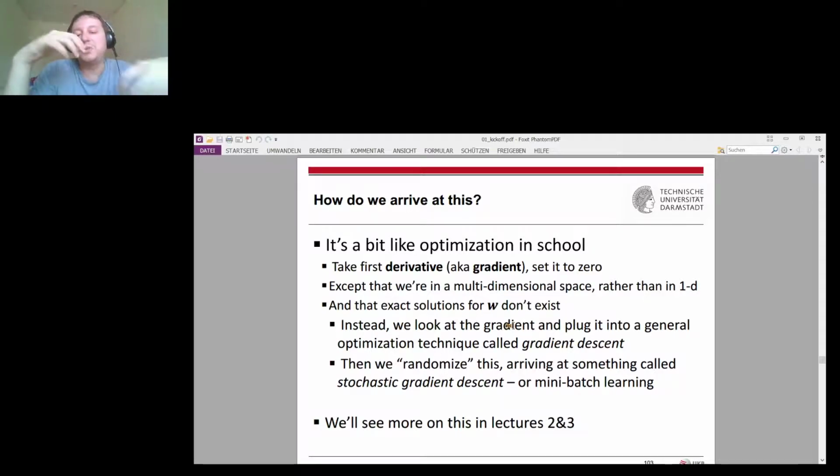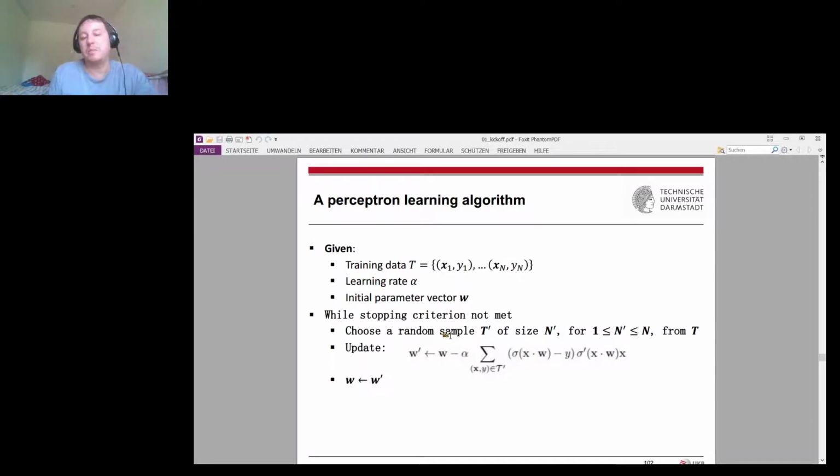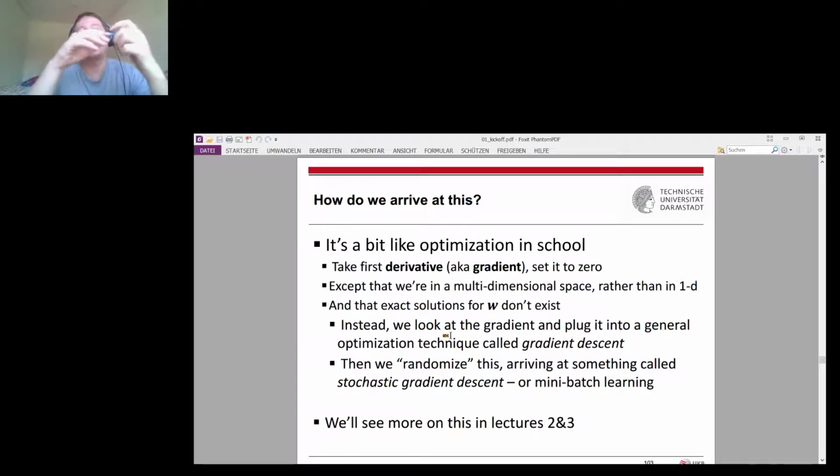And on top of that, we do it a little bit stochastically. So we randomize this whole process. This is given by choose a random sample. Doing it randomly is an empirical finding that often leads to finding the good solution faster, or converging to the correct solution at all.